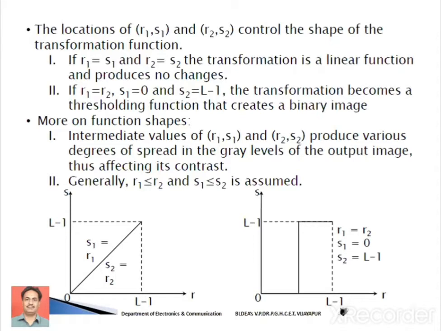For intermediate values of R1, S1 and R2, S2, we get various degrees of spread in the gray levels of the output image. Generally, remember the values of R1 and S1 are chosen less than or equal to R2 and S2 respectively.